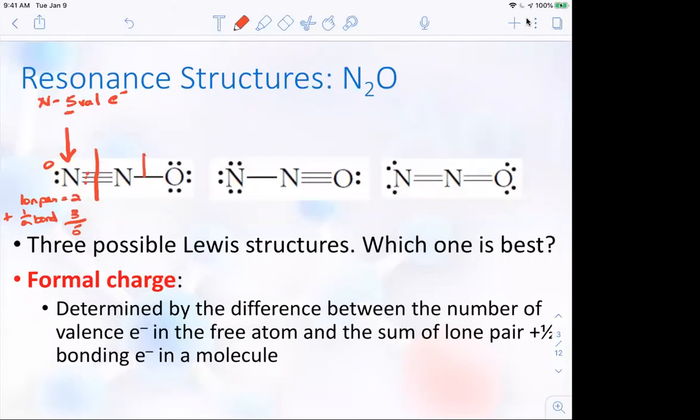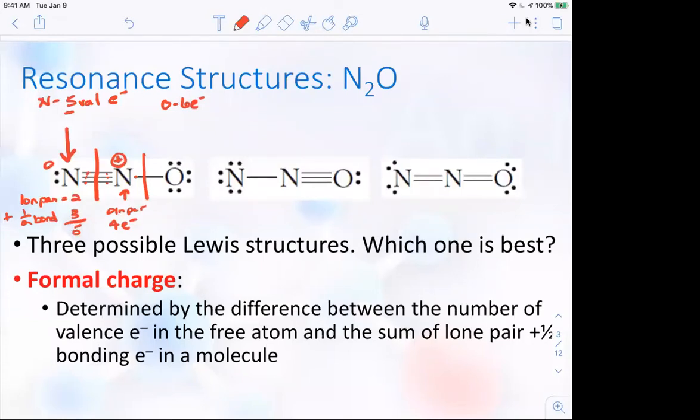Now let's look at this other nitrogen. I don't have a lone pair here, and I have 1, 2, 3, 4 electrons, but it's supposed to have 5. So it has 1 less electron than what it's supposed to have. So this is actually a positive charge on that nitrogen. When I look at oxygen, oxygen is supposed to have 6 electrons.